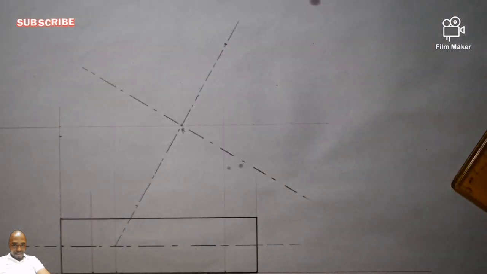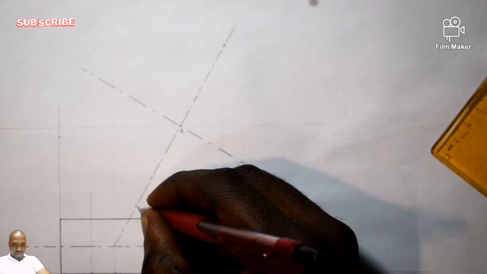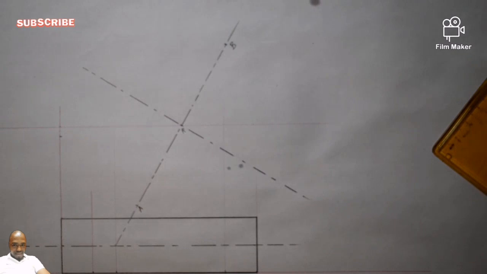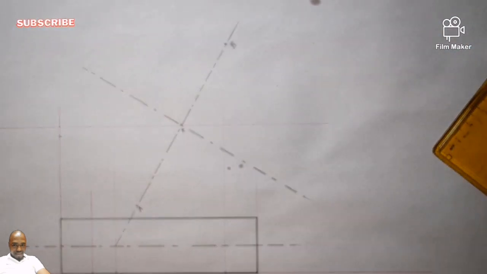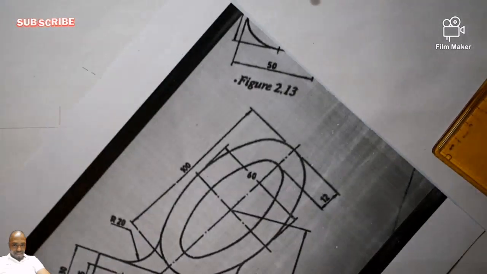You understand? So from this point to that point is 100 millimeter. So I can say this is going to be my point A, and this would be my point B. So the distance of AB is 100 millimeter, the length from here till here.